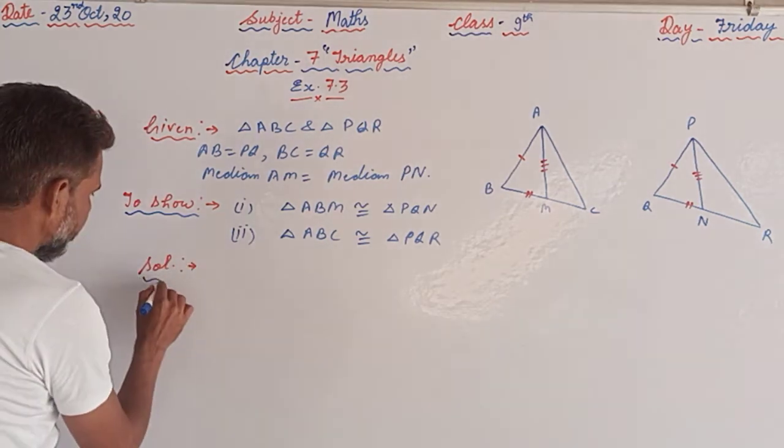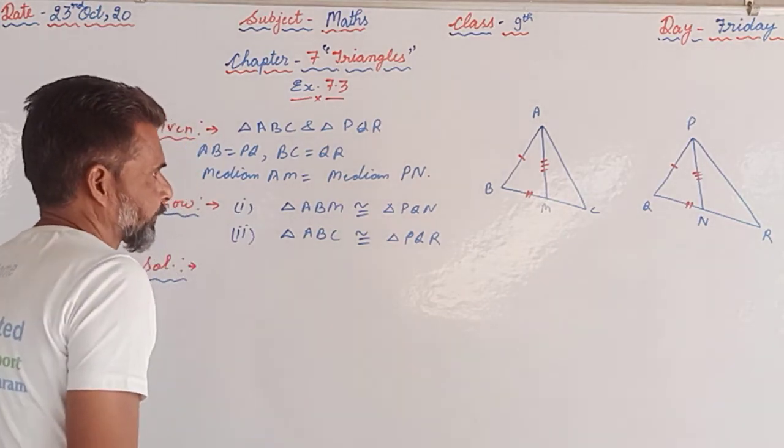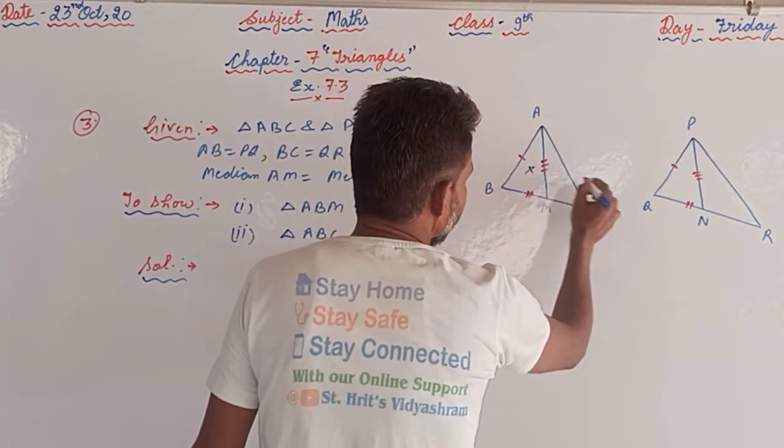So now the solution, how to solve that? First of all we will see the first part, means this triangle and this triangle.